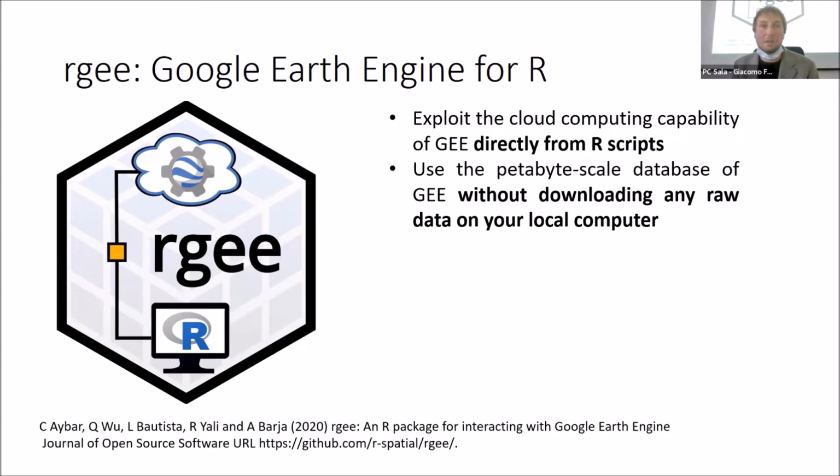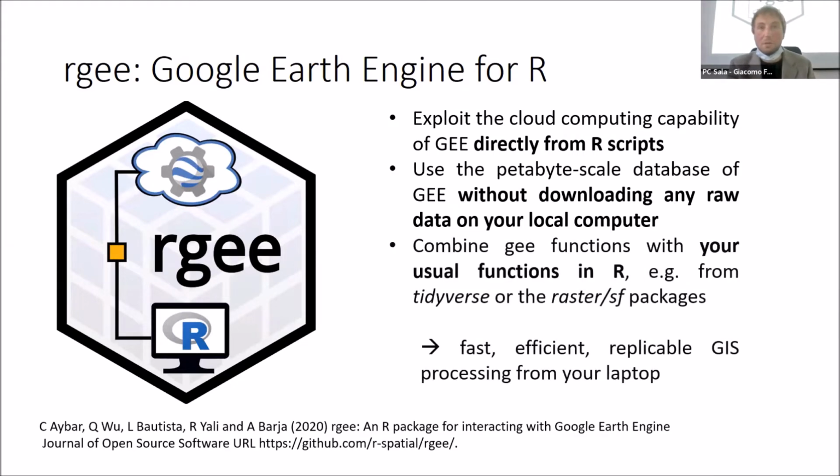And this is really a big advantage, because usually if you want to download years of data, you have to download gigabytes and gigabytes, maybe just to crop a tiny bit of area of interest. So instead, they already have on the server a lot of data, so you can benefit from that.